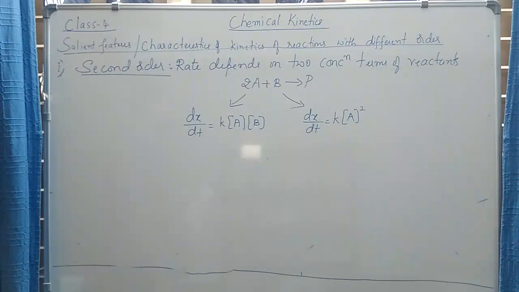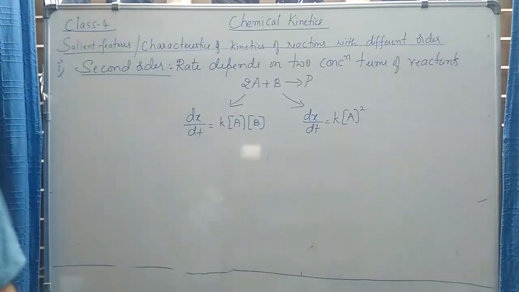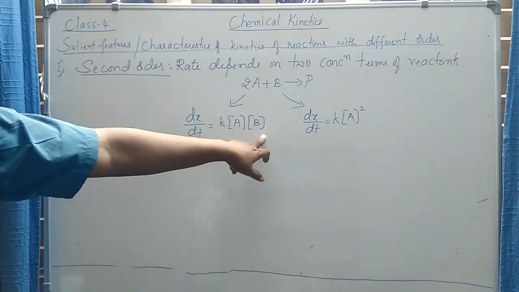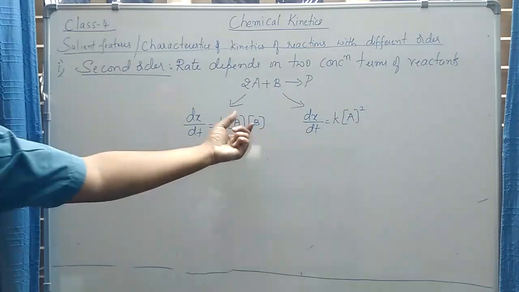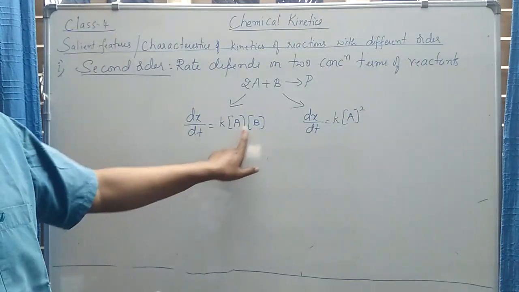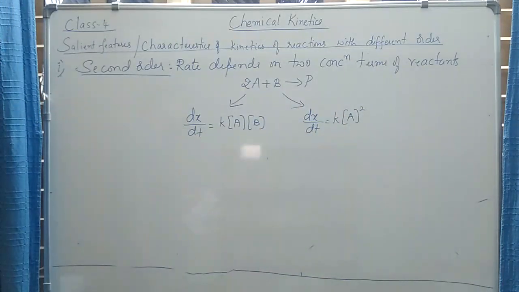If the initial concentrations are the same, then this equation and this equation give the same outcome. If concentration of A is equal to concentration of B initially, this term and this term are one and the same. But if the initial concentrations are different, that is concentration of A is not equal to concentration of B, then these two terms yield different results.